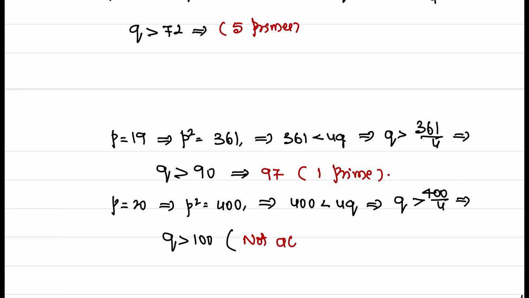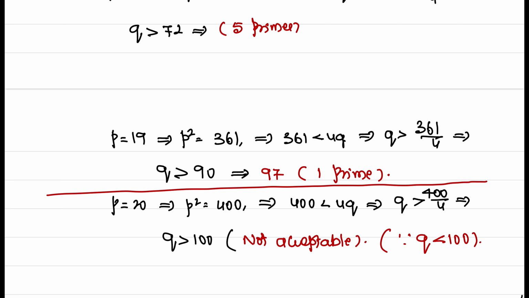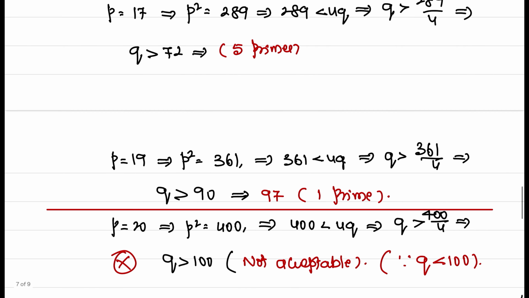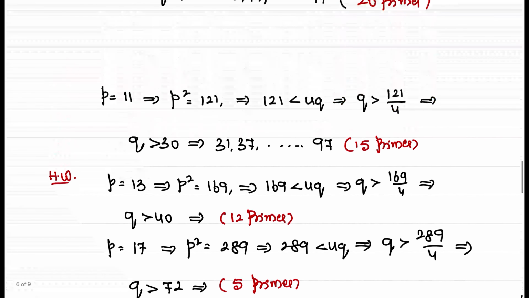Not acceptable, because the condition is that q should be less than 100. Hence, we will stop the iteration here. This is not acceptable. The maximum P value should be 19.